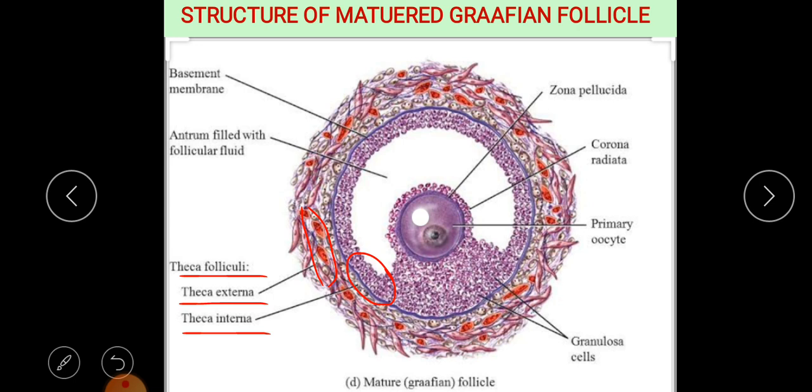Okay, glandular in nature. And these cells of the theca interna secrete the hormones estrogen and progesterone. Okay, and inside the theca interna there are 3 layers of granulosa cells.